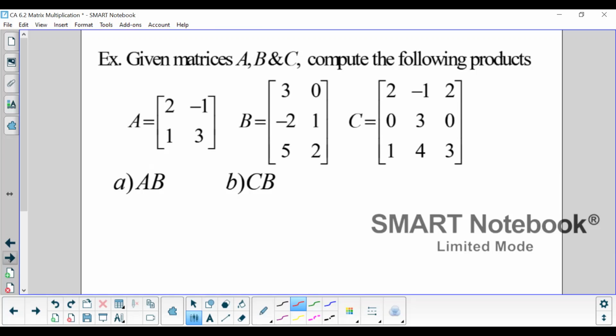All right, so we have these three matrices. We have two examples. The first one is to do A times B. The second one is to do C times B.